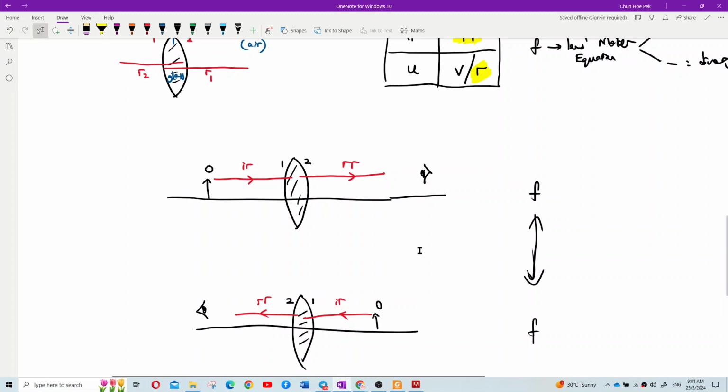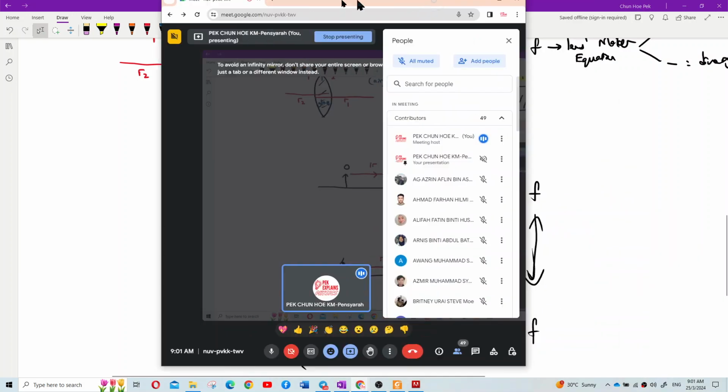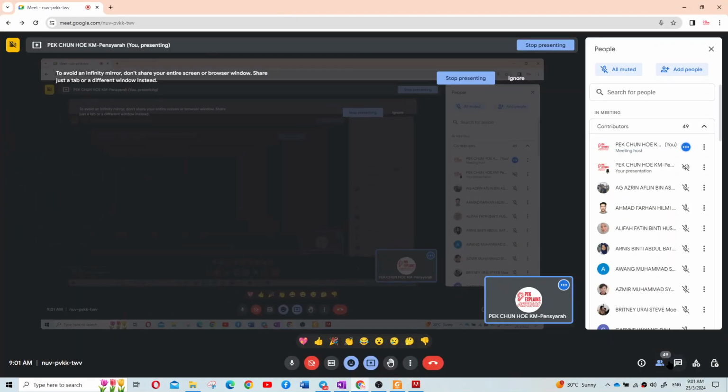Let me just explain why there are just 49 students over here, class. Why are there just 49 students here? I have over 63 students. 63 students, class. This is so irresponsible. That one including me already, so that means only 48 students.